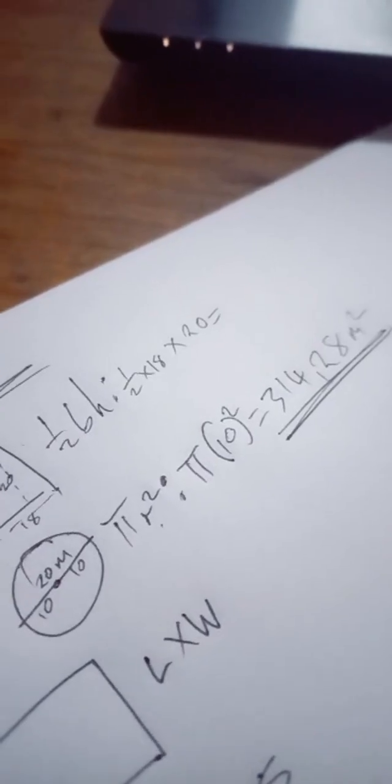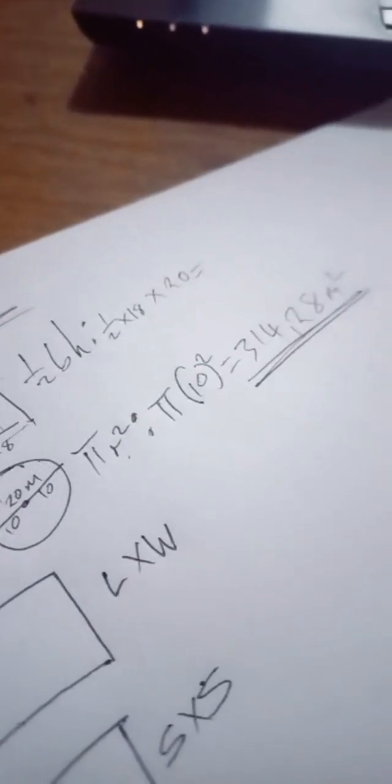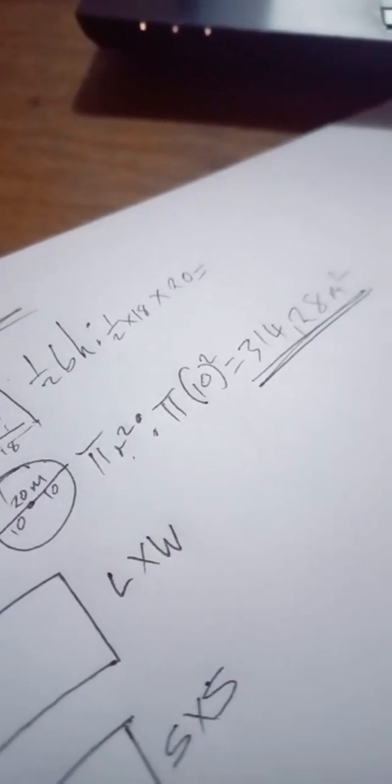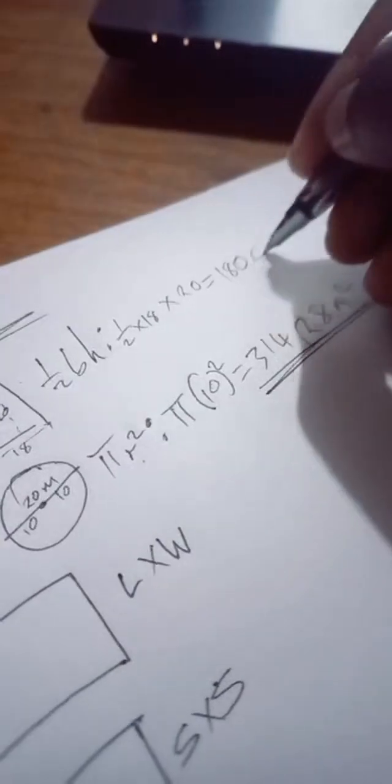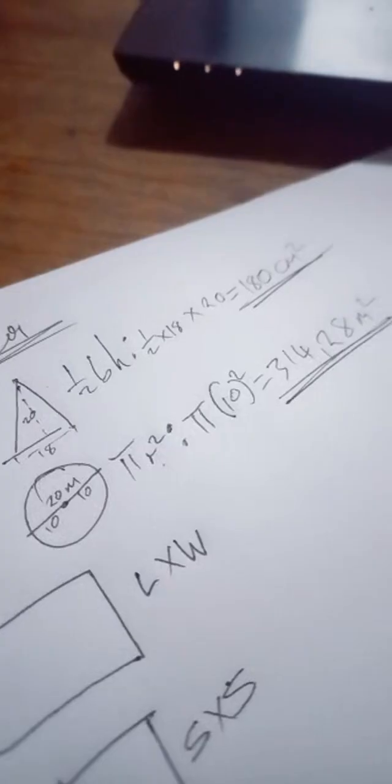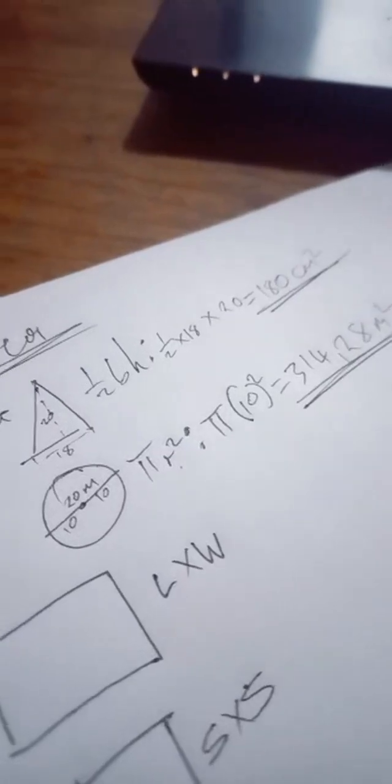So this is going to be 0.5 times 18 times 20, which gives us 180 square centimeters. Remember, if it is area, it must have a square.